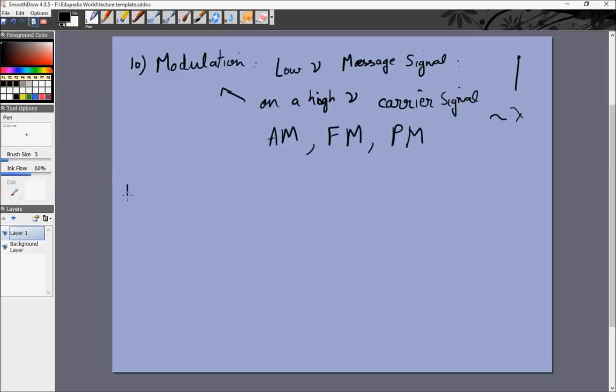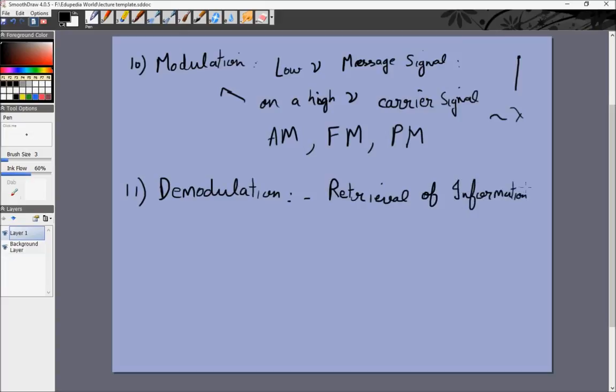Then you have the inverse process, which of course if you modulate a signal you'll need to demodulate as well. So then you have demodulation, which is the process of retrieval of information from the carrier wave.